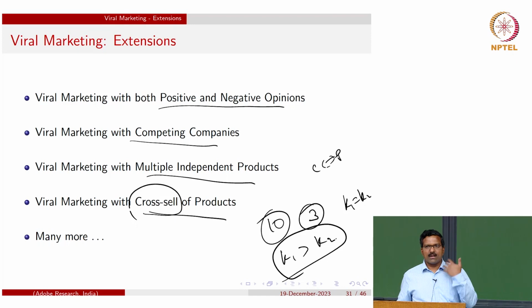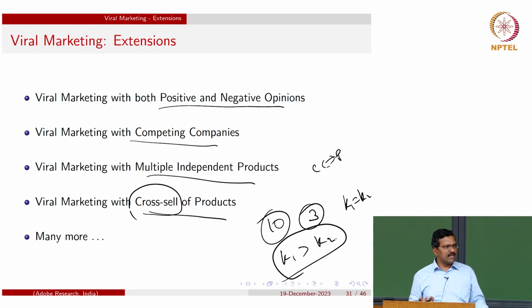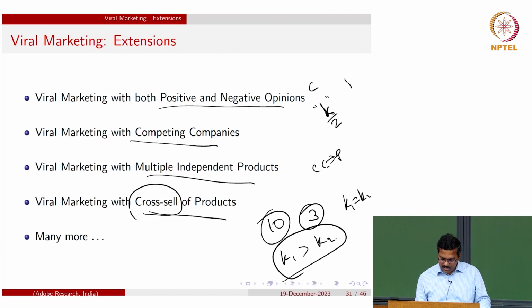So if at all any cross-sell relationship among products exists, then the choice of influential nodes for those products should be selected carefully. If your budget supports targeting K individuals, you don't need to target K by 2 for computers and K by 2 for printers. It's a suboptimal solution.